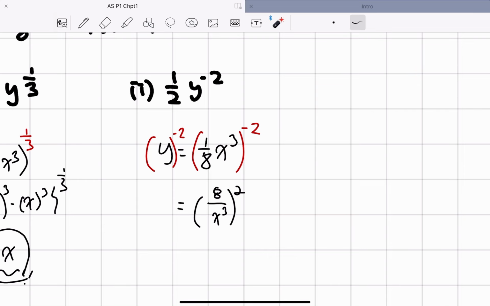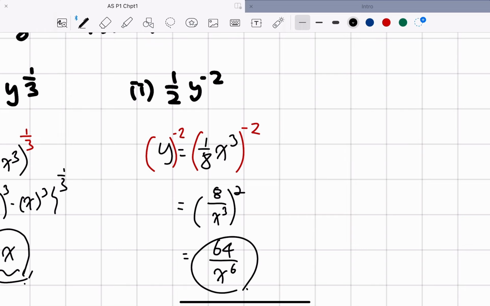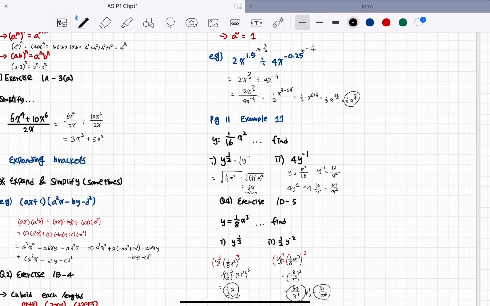And if we expand the square, then we get 64 over x to the power 6. And we also need to multiply by 1 over 2 to get this one, so times 1 over 2, which is 32 over x to the power 6. Okay. Right.